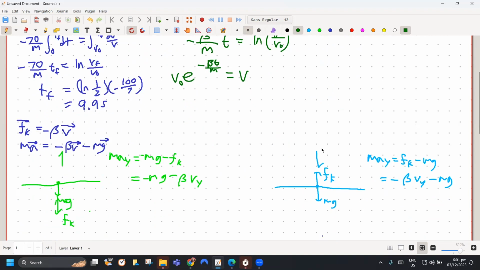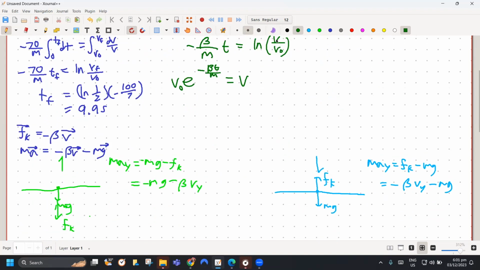Instead of v, put in v_x, since it's the x component of the velocity. Then the initial velocity is v sub 0x, the x component of the velocity at time t equals zero.